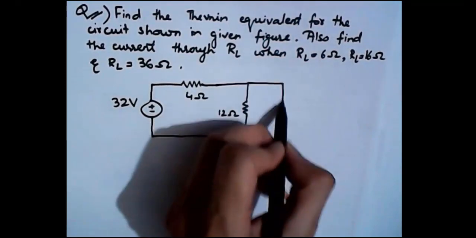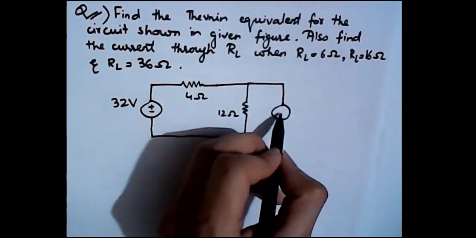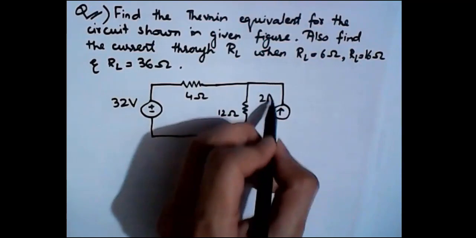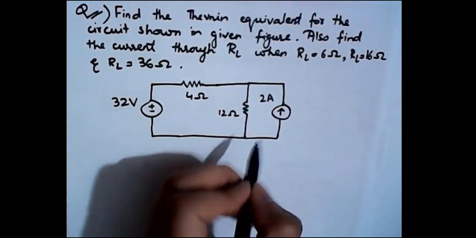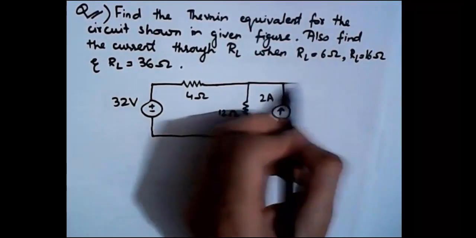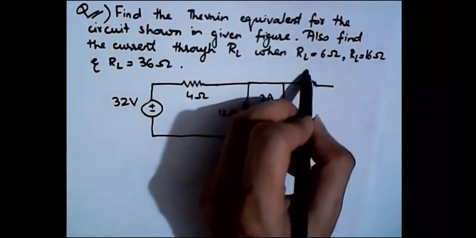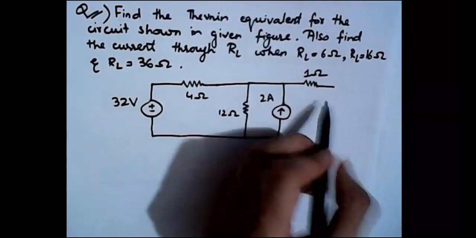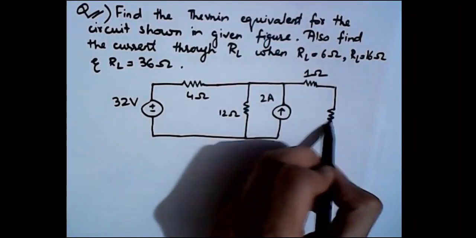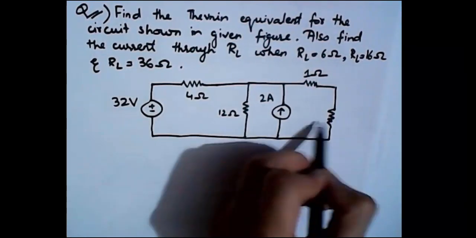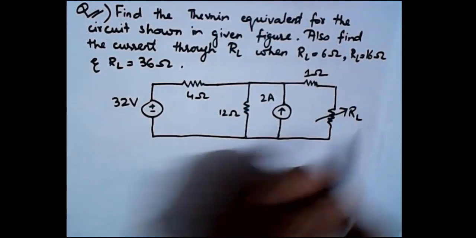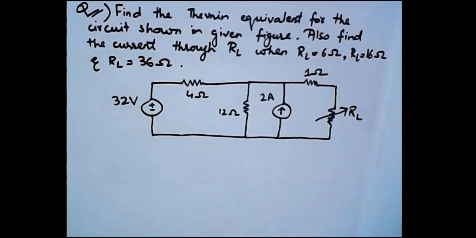And then we have a 2 ampere source, 1 ohm resistance, and then we have this value of RL, which is the load resistance, and it is continuously changing, right? So this is the layout of our question.